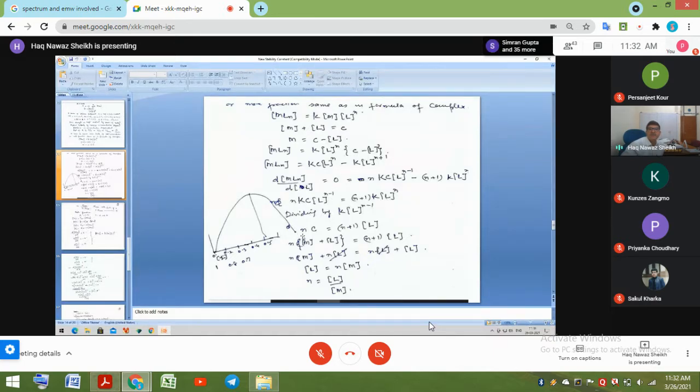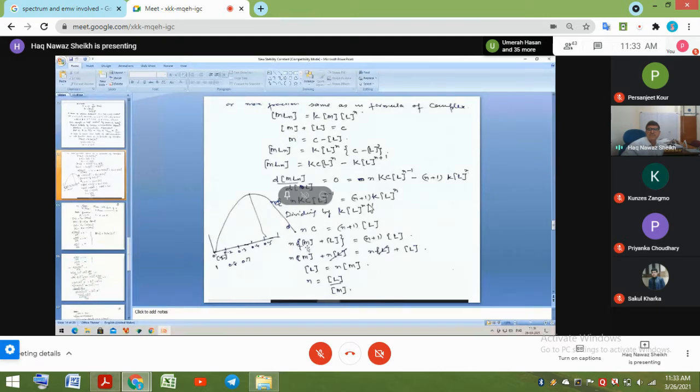So on the left side, we are left with n and c, because k goes and L raised to power n minus 1 also goes. On the right side, we have n plus 1 into L, k goes. So this is the relation that we get. Now what is C? C is the total concentration of the metal plus concentration of the ligand.